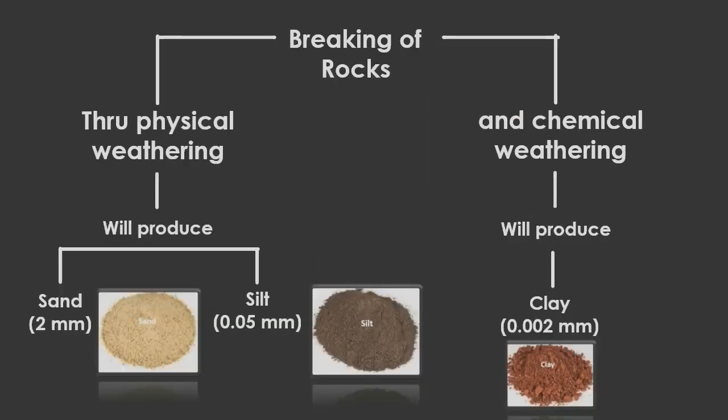Smaller rock fragments are broken down through the process called weathering. In the type of weathering called physical weathering, this will produce fragments called sand and silt. Sand is smaller than 2 millimeters, and silt is much smaller, about 0.05 millimeters.